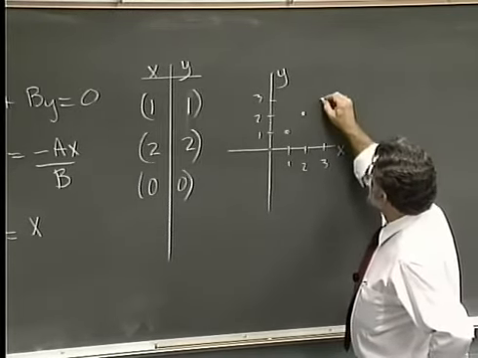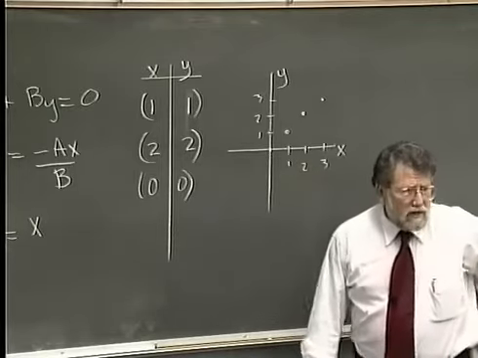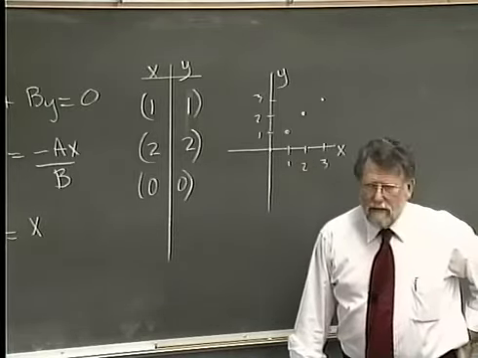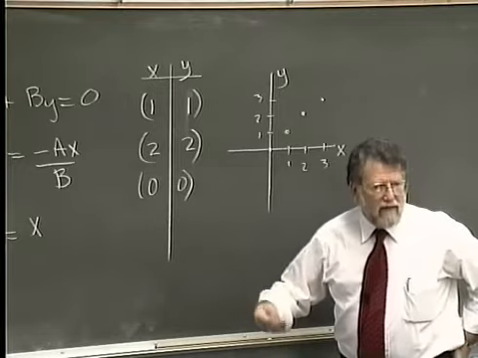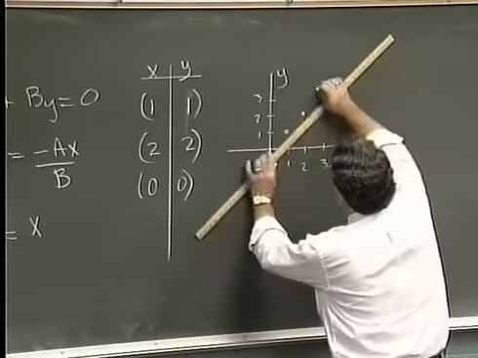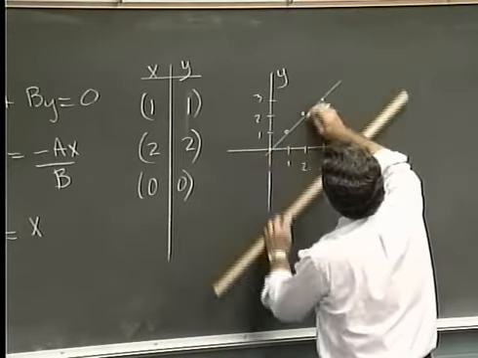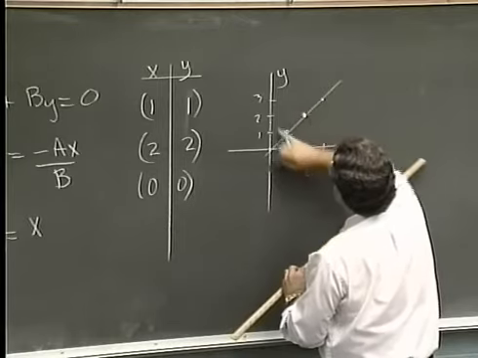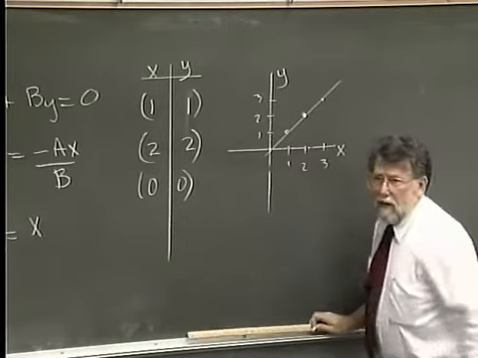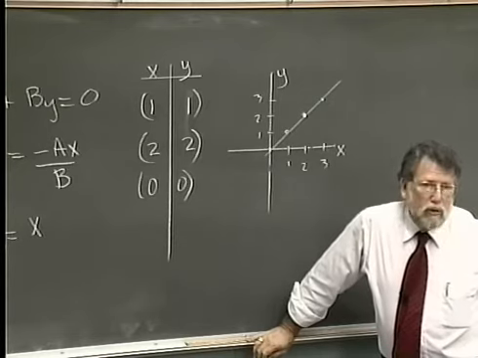When x is 3, y is 3. Do as many as you want. When x was 0, y was 0. All those points are on the line. X is 1/2, y is 1/2. X is 1/3, y is 1/3. Join the points, and I didn't plot them very well. My scale is not uniform like I thought it was. But the key here, how many points do you need? 2.